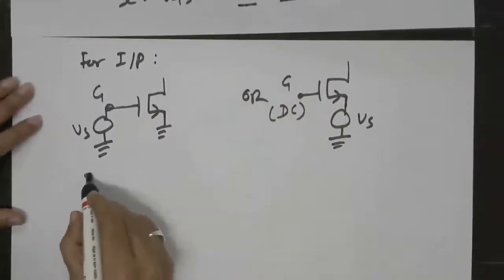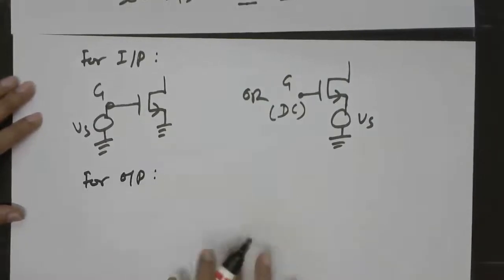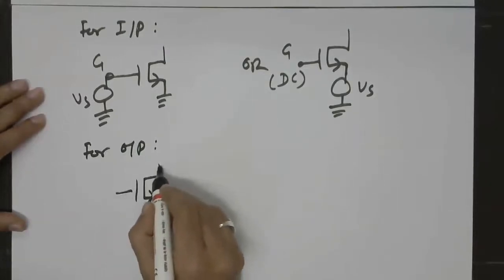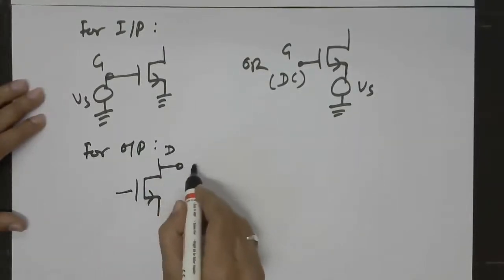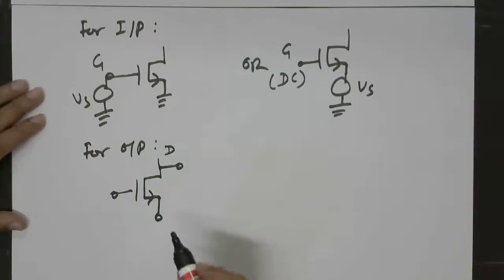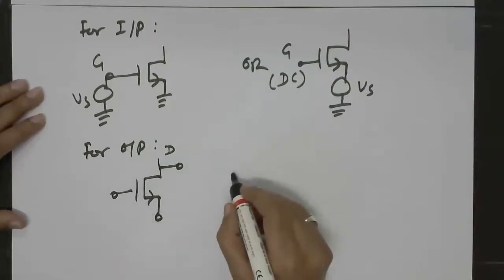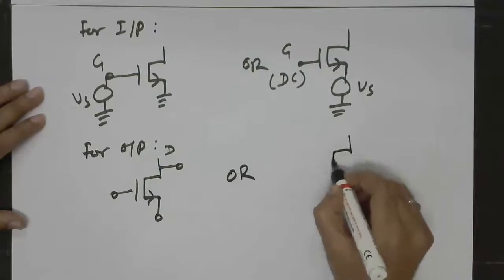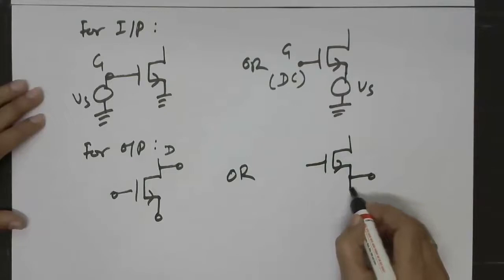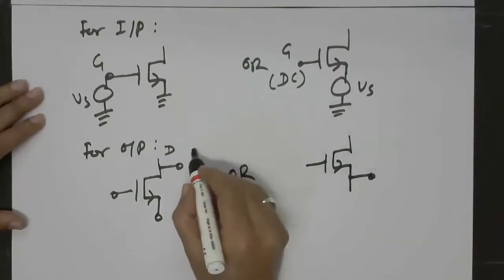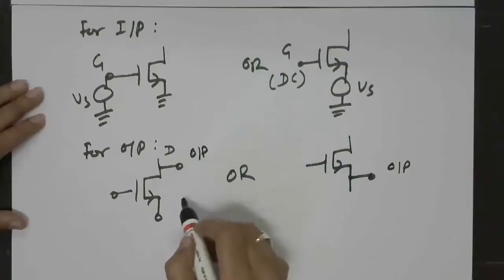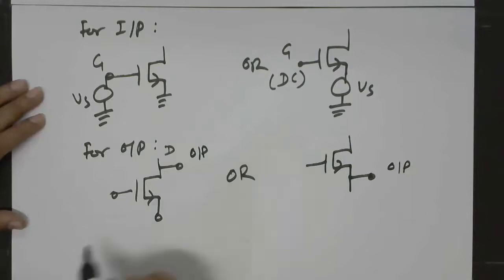So for output, there are only two configurations possible. You take output from the drain, that means connect your load here between this node and ground, and source and gate will be suitably decided by the input condition, or you connect your load here. So output could be here or output could be here, between this node and, for example, ground.